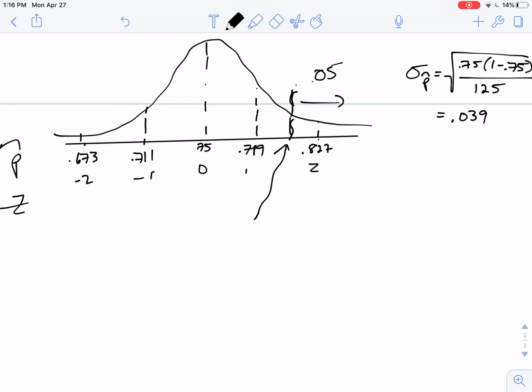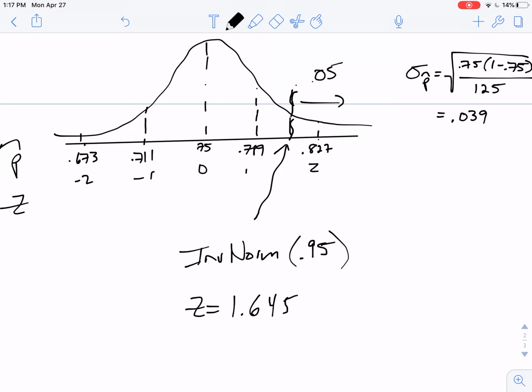And in order to figure that out, I can start by finding my z-score. So to find the z-score of that value, I do inverse norm. And I always use the area to the left of that number into inverse norm. So if I'm looking for the upper 5%, I do inverse norm of the lower 95%. And if I put that into my calculator, that outputs a z-score of positive 1.645.